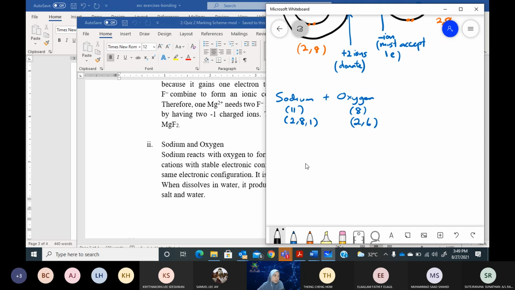Then we draw this: 2, 8, 1. If you want, you can also do cross. One element do cross, one element do dot. 2, 8, 1.